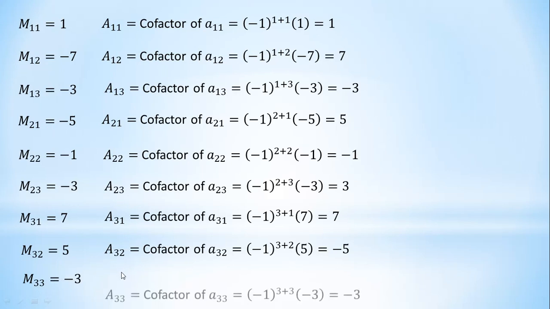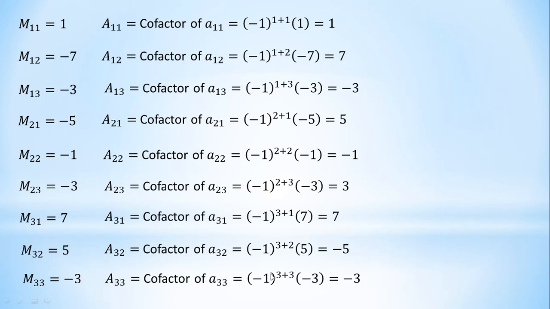Its cofactor is minus 1 raised to 3 plus 3, so minus 1 raised to 6 is plus 1. So plus 1 into minus 3 is equal to minus 3. So we get all the corresponding cofactors A11, A12, A13, A21, A22, A23, A31, A32 and A33. See, all these are cofactors.